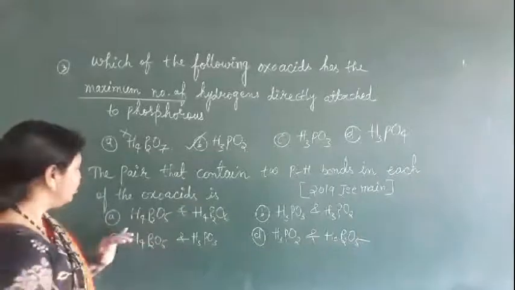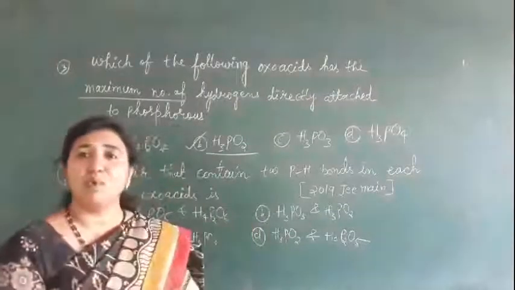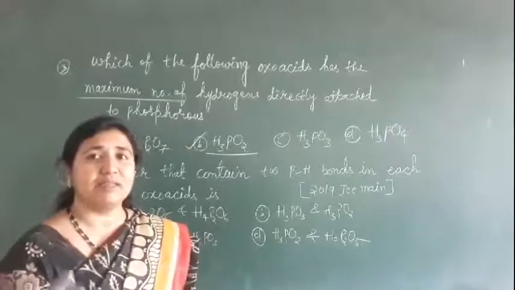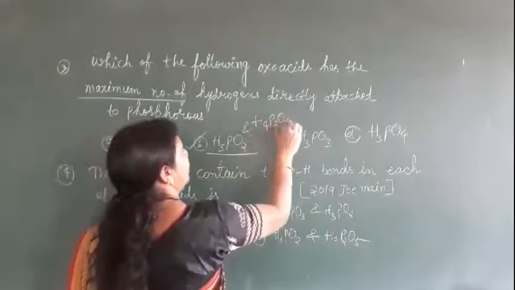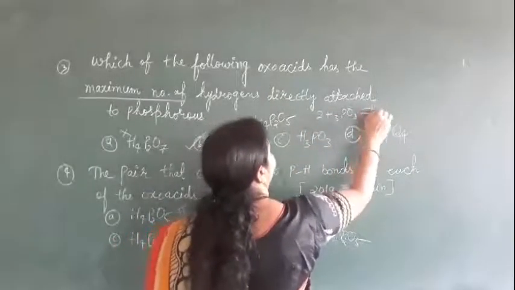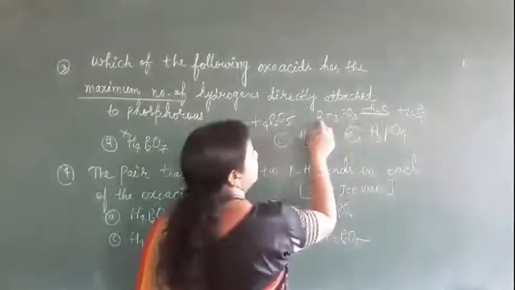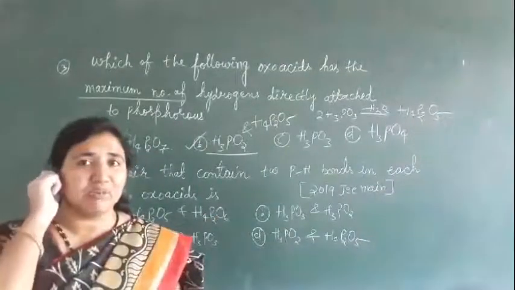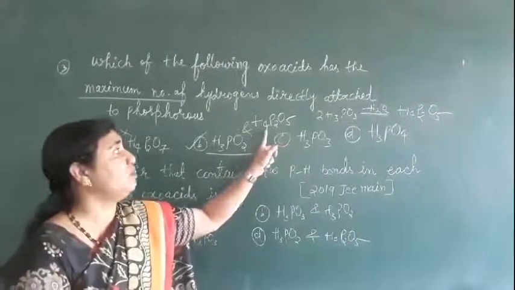Here we have the pair H4P2O5. Remember, H3PO2 has 2 P-H bonds, and we have H4P2O5, which is pyrophosphorous acid. How do we get H4P2O5? By taking 2 H3PO3 and removing H2O. 2 threes are 6, 6 minus 2 is 4, so H4P2; and 2 threes are 6, 6 minus 1 is 5, so O5. So when we add two phosphorous acids and remove a water molecule, we get pyrophosphorous acid H4P2O5.